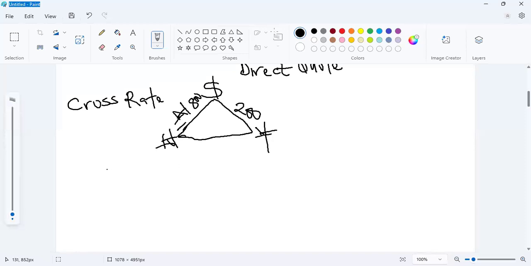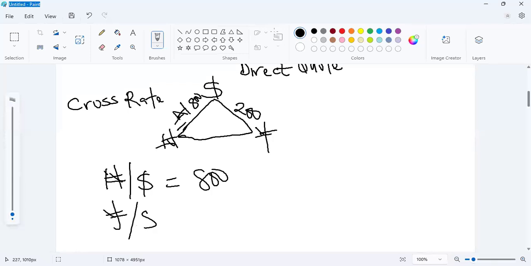Look at this, please. Naira to dollar, 800. Yen to dollar, 200.